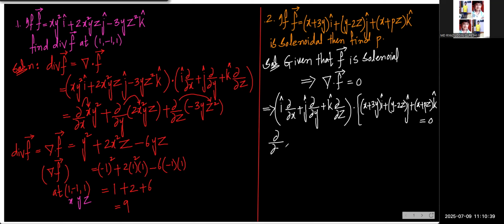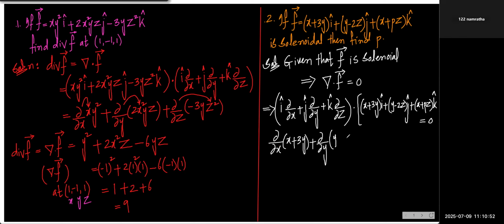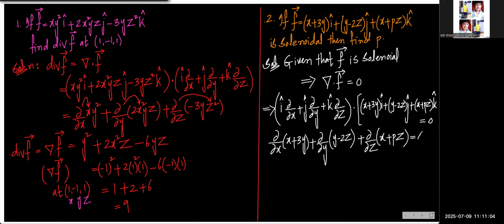Dou by dou x of x plus 3y. J dot j is 1, dou by dou y of y minus 2z. K dot k is 1, dou by dou z of x plus 3z. And again equating to 0. Now look at respect to x, what happened here is 1.